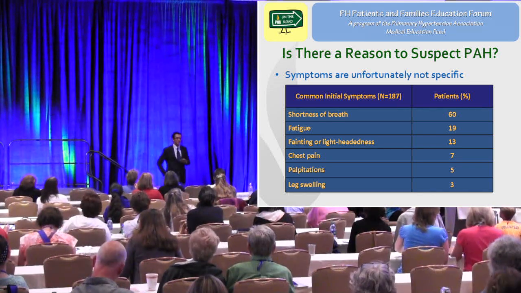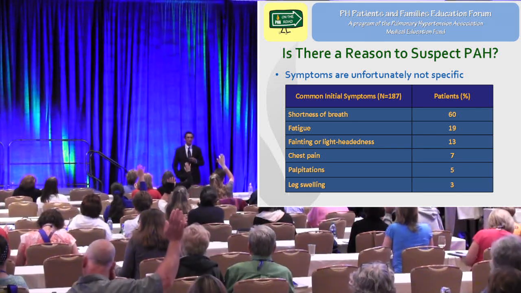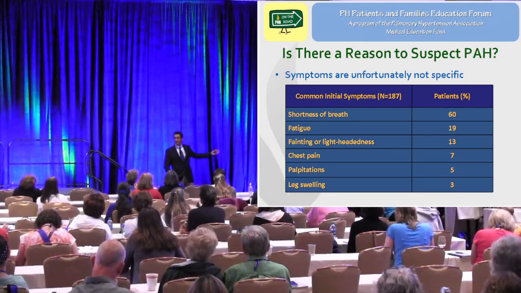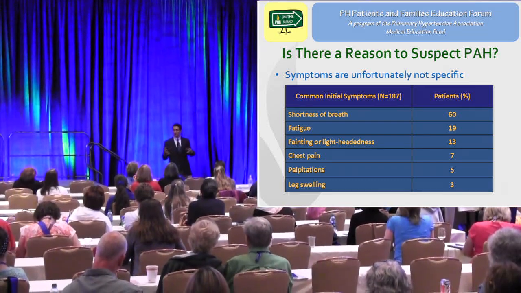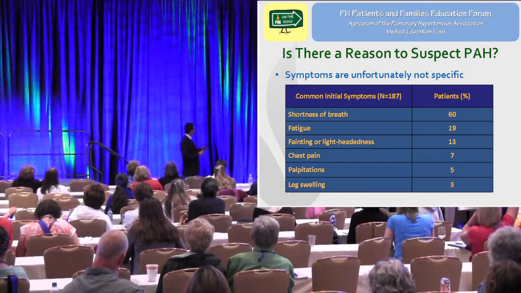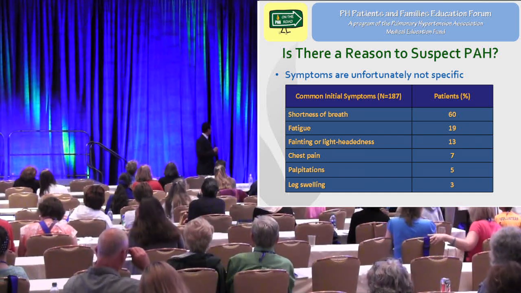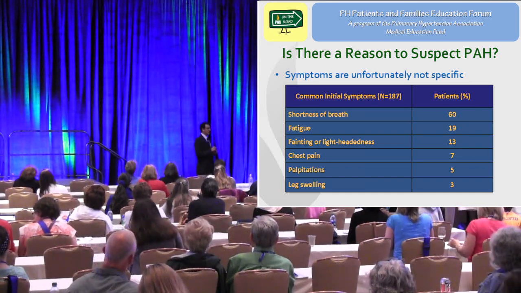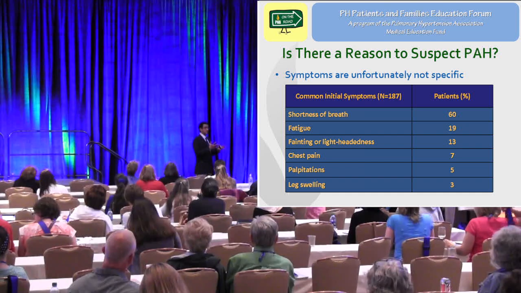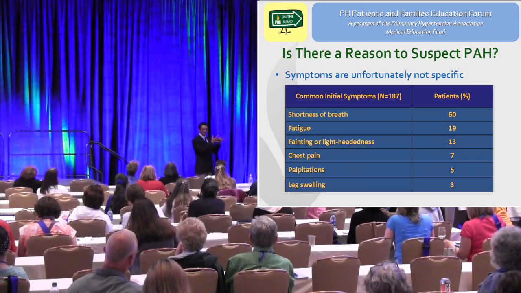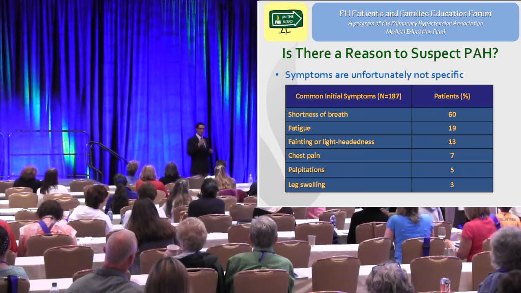Fatigue, how many of you are fatigued? Almost everybody is fatigued, right? Now, not everybody has pulmonary arterial hypertension. Again, the multifactorial aspect of scleroderma makes these hard. And by the time you have palpitations, which is the heart beating fast and you're hearing it, chest pain and leg swelling, which could come from other things, then you already are in New York Heart class 3 and 4. So we have lost that window of opportunity where we want to really make an effort.